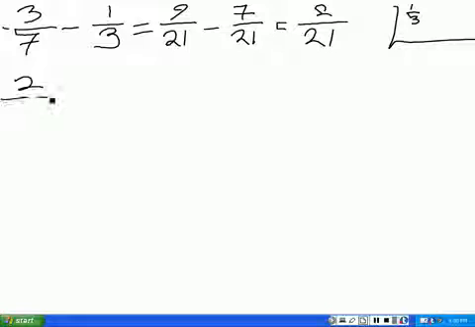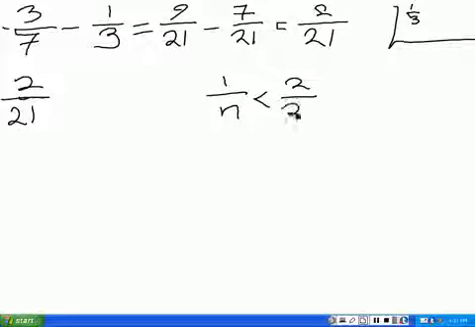Okay, new question. Let's try to express 2 over 21 as a sum of unit fractions. Well, I want to find the biggest unit fraction less than 2/21. That would mean 21 has to be less than 2n.